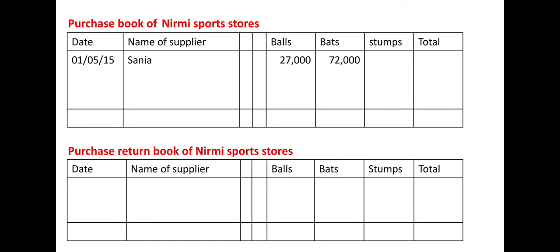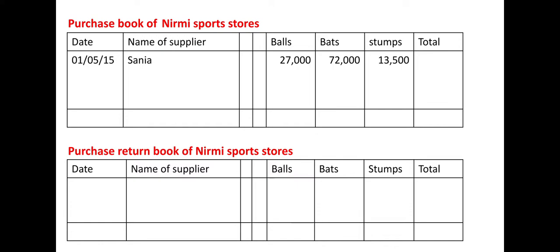We have purchased 50 pairs. So it comes to 15,000, but there is 10% discount. So 15,000 minus 1500 will give you 13,500.